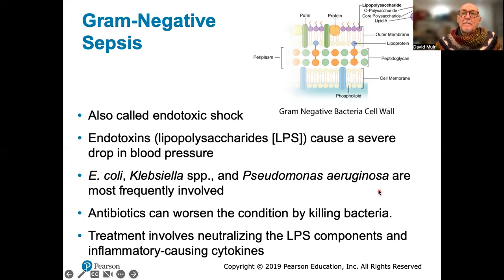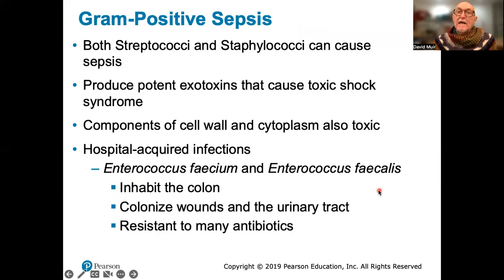And the gram-positives can also cause a sepsis, but they obviously don't do it through an endotoxin because they don't have this outer membrane. There are elements of the gram-positive cell wall and in the cytoplasm as well that can cause a shock, but much more commonly gram-positives cause shock by release of a toxin, that is, by exotoxin.